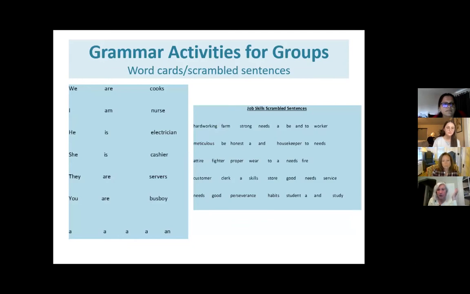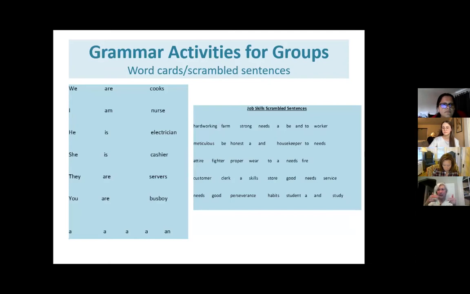For practicing grammar, you might want to consider, if you're working with lower level students, using word cards. If you look on the left, you see these sentences: we are cooks, I am nurse, he is electrician. What I do with those is I create that in Word using the vocabulary and grammar that relates to our topic.